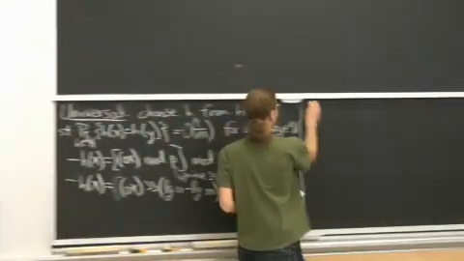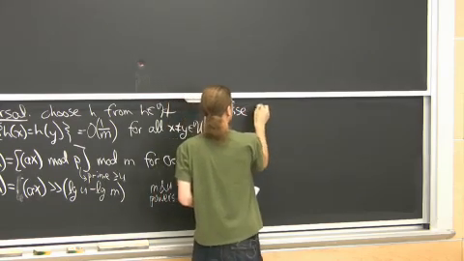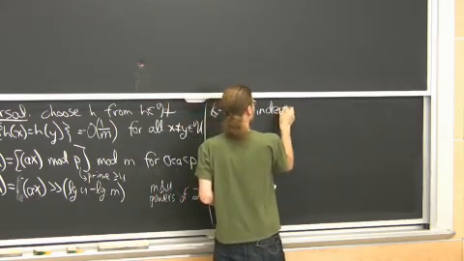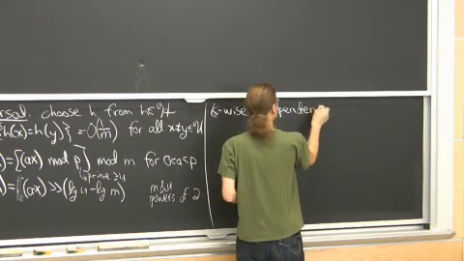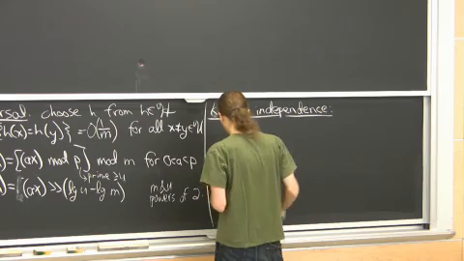So the next one is called k-wise independence. This is harder to obtain, and it implies universality.